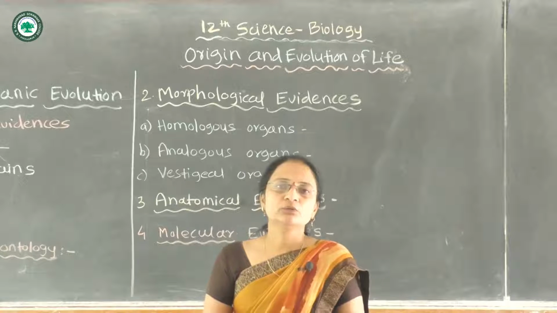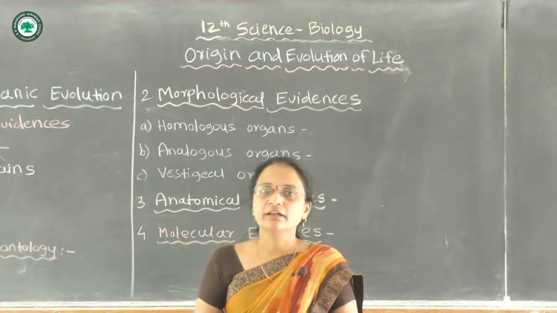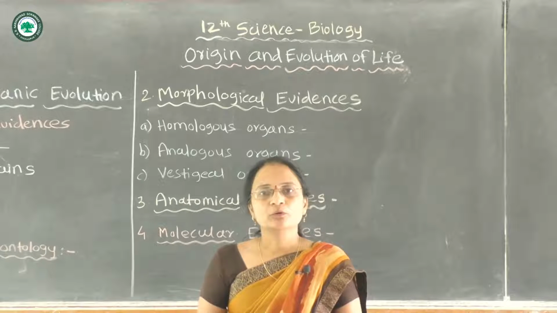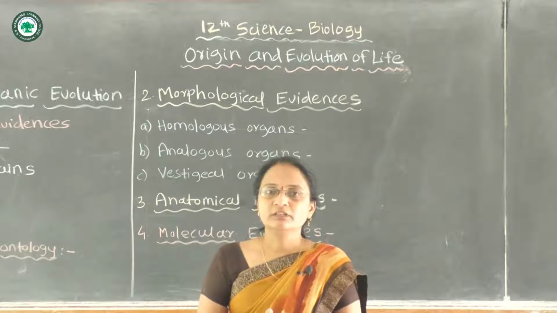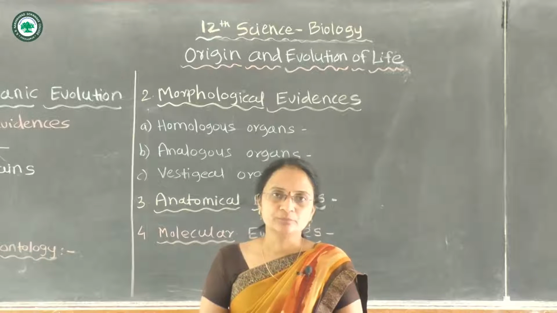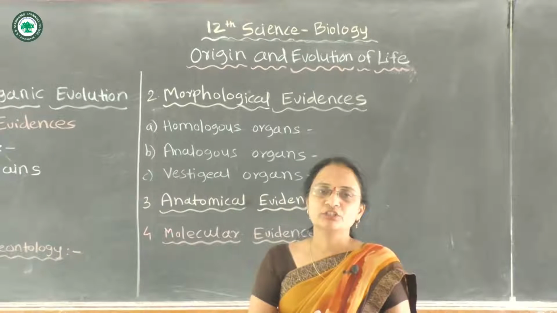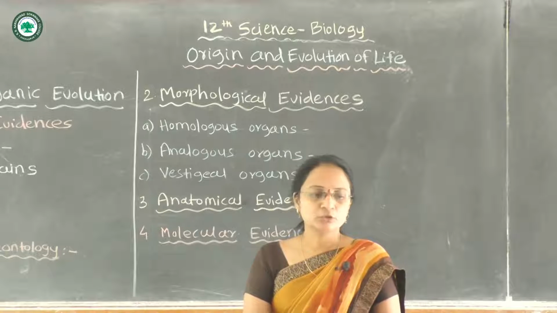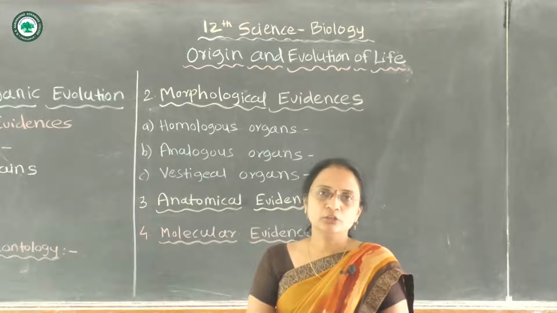As previously we know, different theories have been proposed by different scientists, and only the chemical theory of evolution has been accepted, because Urey's and Miller's experiment clearly shows the origin of life in a sequential manner. After that, we have seen the different mutational theories and Darwin's theories, and now we come towards the actual evidences put forth for organic evolution.